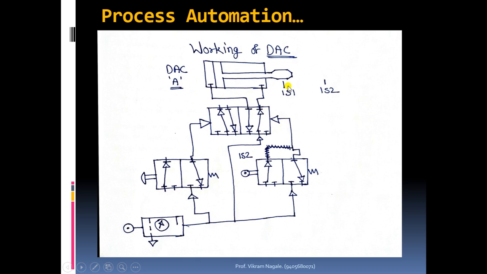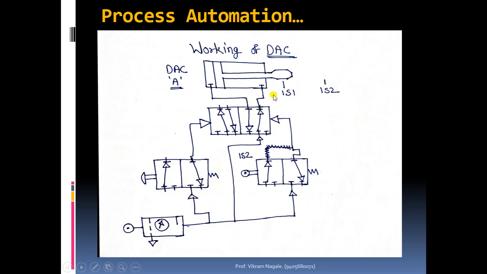Now see here, whenever this rod end reaches the 1s2 position, what will happen? The limit switch 1s1, if we are using one, will get unpressed, and whenever the rod end reaches the 1s2 position, the limit switch 1s2 will get pressed. Our requirement is that we want retraction as soon as we get extension.